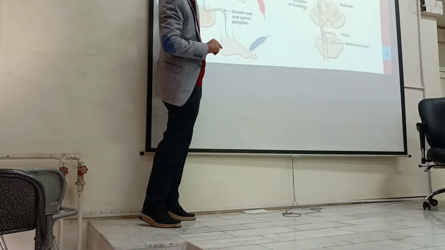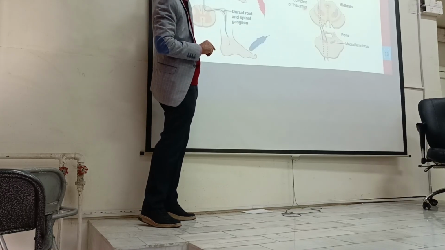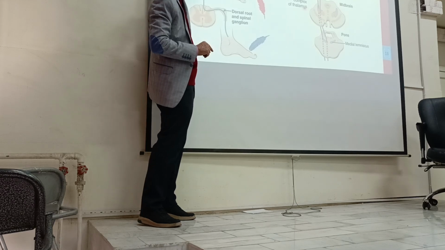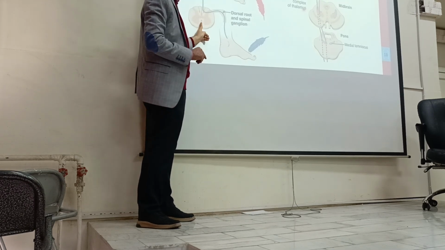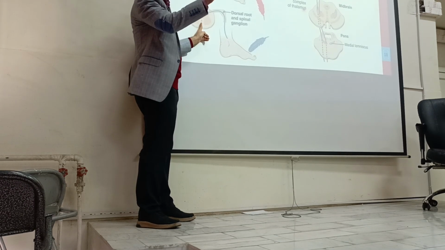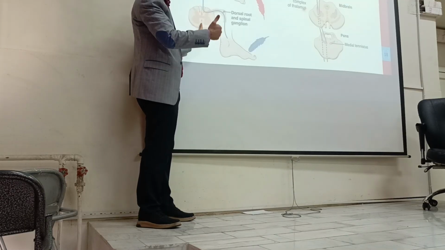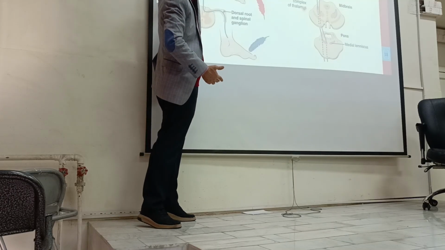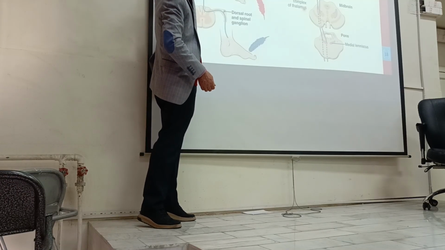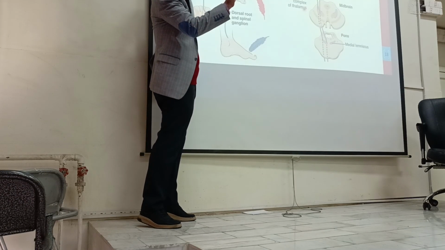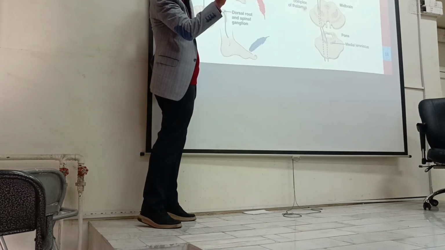So the nucleus, which includes this neuron, is called dorsal column nucleus. So dorsal column, right, has a nucleus. Where is it located? Medulla. Right? So it enters the medulla and it stops here and activates neurons in the medulla, the dorsal column nuclei, right?